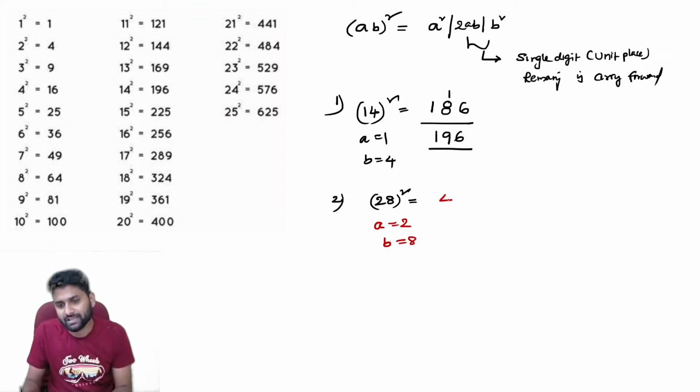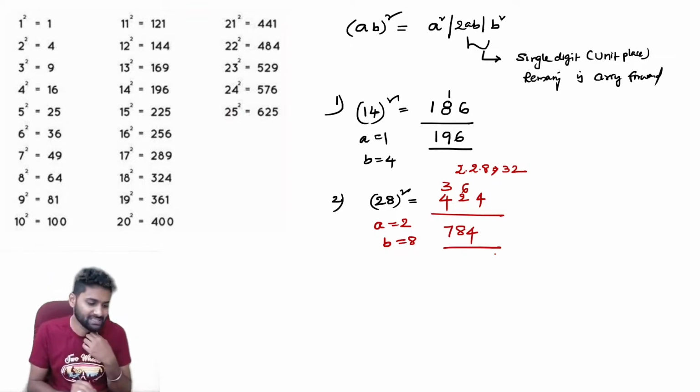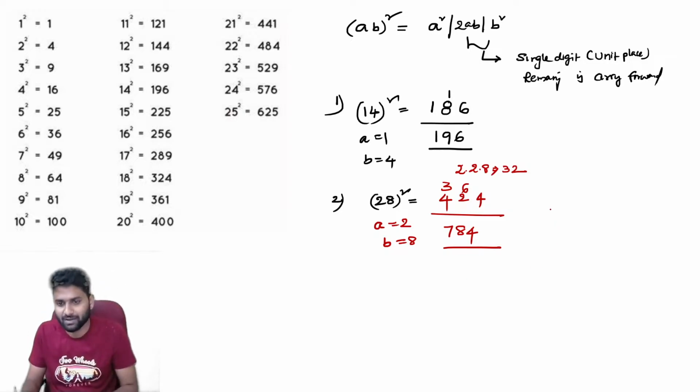Now 2 square is 4. 2ab, 2 into 2 into 8, total value is 32. 32 means here you can take 2, and 3 is carry over. Finally 8 square. 8 square is 64. 64 means 4 here, and 6 is carry over. So finally 28 square is equal to 784. Very good. 784.